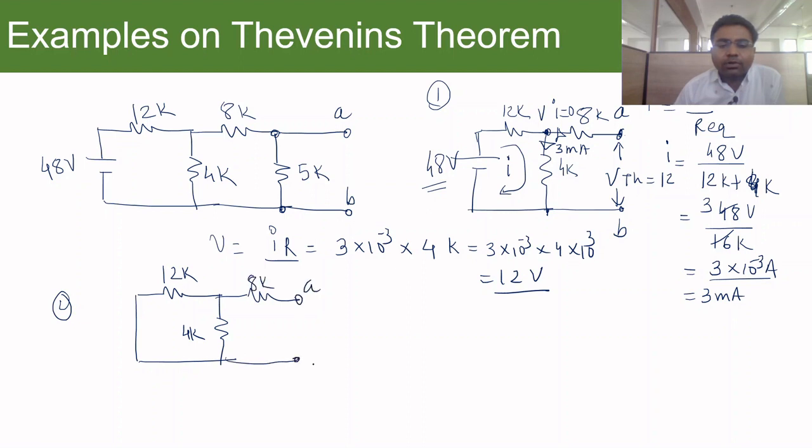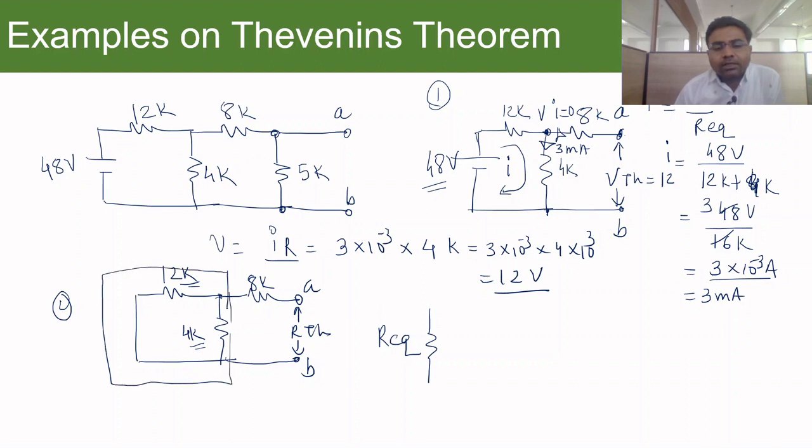Now I am looking for the resistor R Thevenin across A and B. If I observe this, 12K is in parallel with 4 kilo ohm, and the equivalent of this is in series with 8K. So this will be the R Thevenin equivalent.